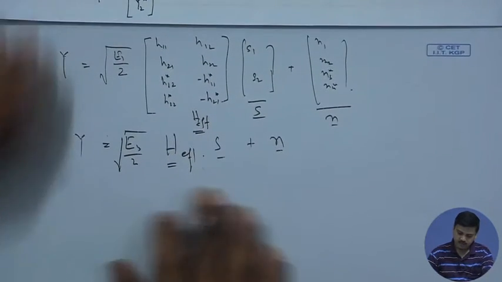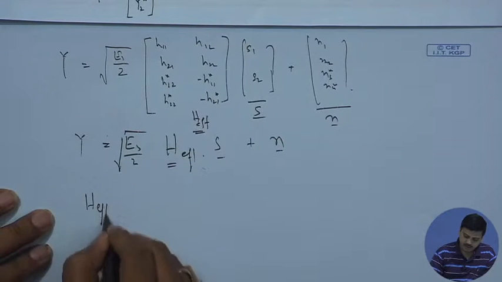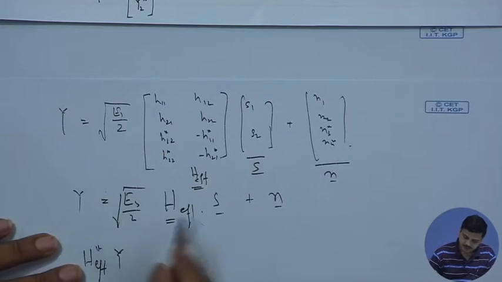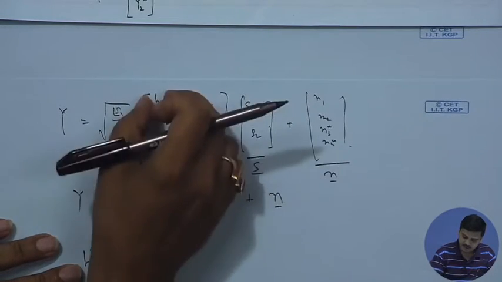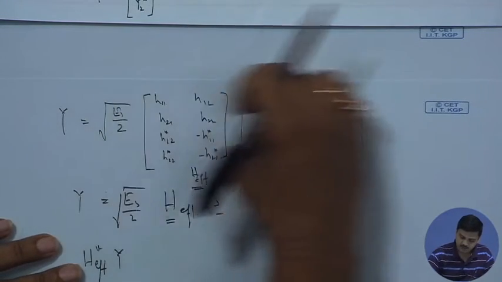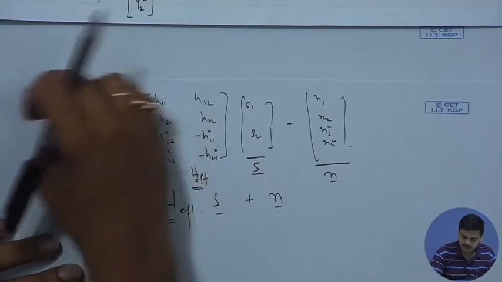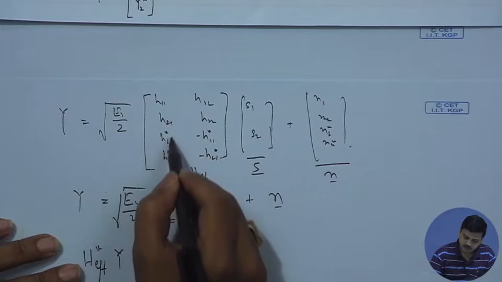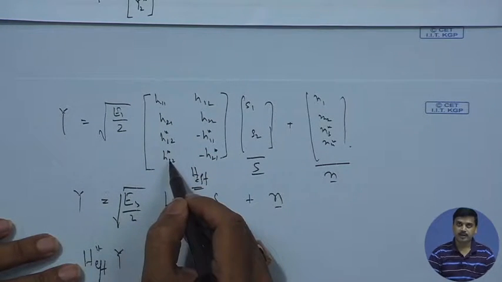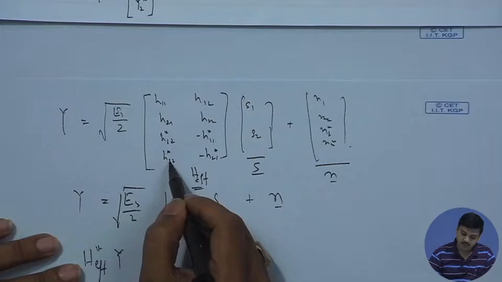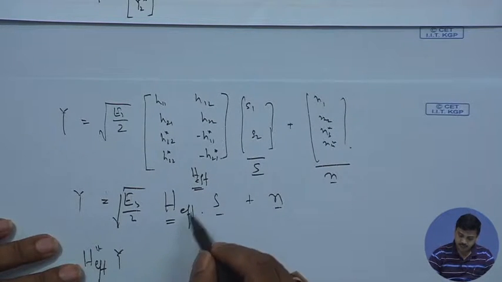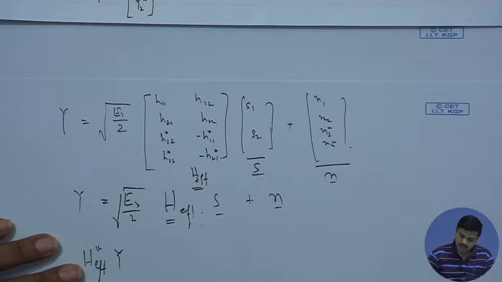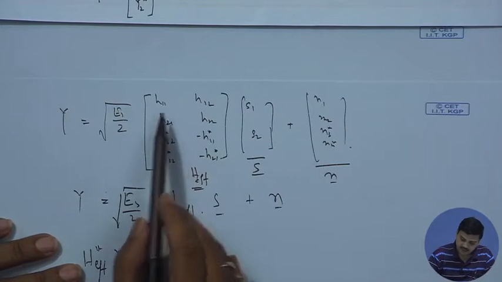Again, the way we decode it is we simply multiply H effective Hermitian with Y, and you can guess what's going to happen. This Hermitian means this is going to come in the row, so this is going to get multiplied by itself. So it will be mod H11 squared, mod H21 squared, mod H12 squared plus mod H22 squared, which is the Frobenius norm of the channel matrix H effective. And if you take the cross elements, that means this multiplied by this, you are going to get terms which are going to cancel out each other.